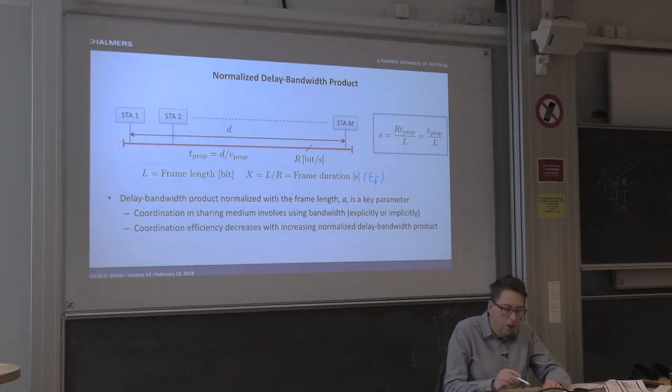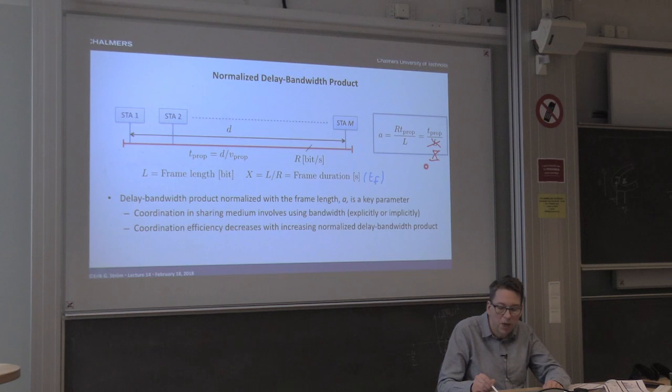The delay bandwidth product, A, is the propagation time divided by L. This is wrong. It should be divided by x. Sorry for that. It's the propagation time divided by x.